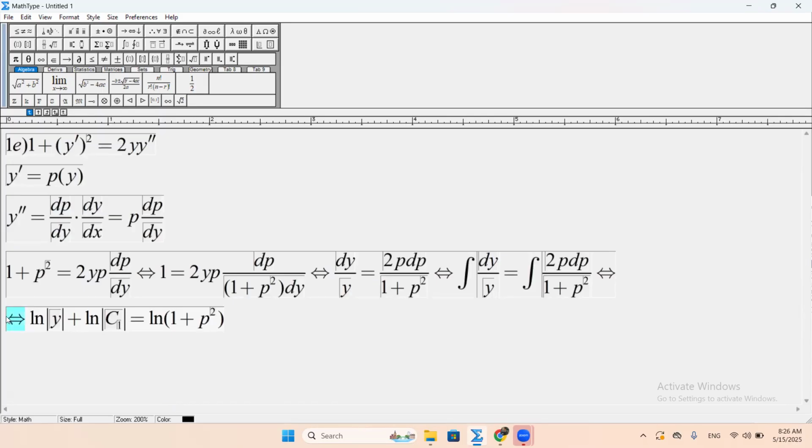So with simplifying it, we receive that c1 y equals 1 plus p square. And actually, so what do we have? That y prime square equals c1 y minus 1.